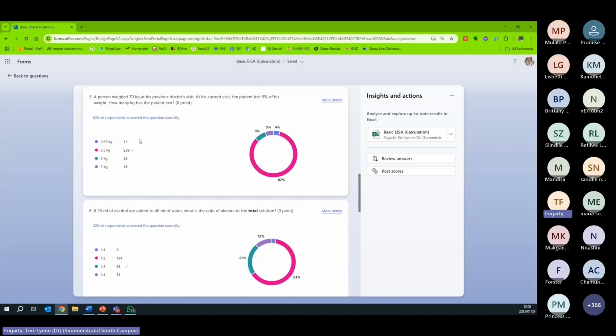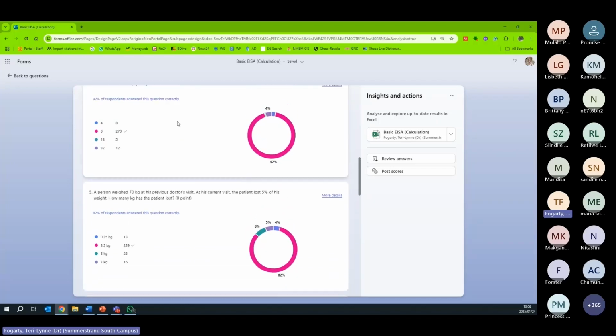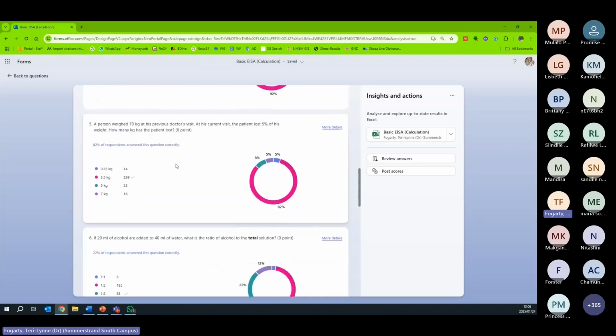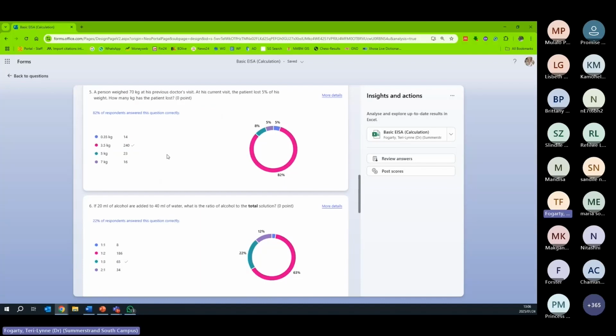So now you have got an example of the 2 different types of questions you might get asked: an ELO 1, or just a knowledge question, versus an ELO 2, which would be an application question. And so 5% of 70 is 3.5 kilograms.